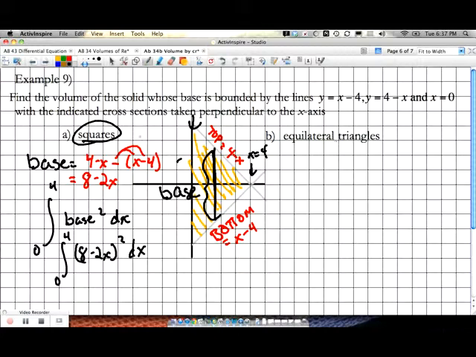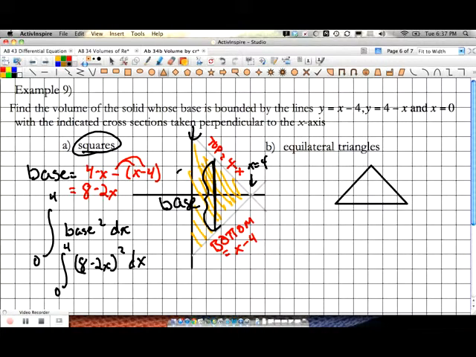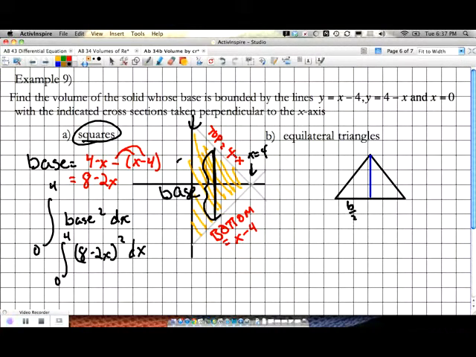Equilateral triangles. Again, a quick reminder. It looks like this. And we've also been noticing that we have a height here down the middle, and that height winds up being b over 2, because we say this is b over 2, this is b over 2 because the whole thing is b. The whole thing is our base. But then we make two right triangles, so this one's going to be b over 2 as well.